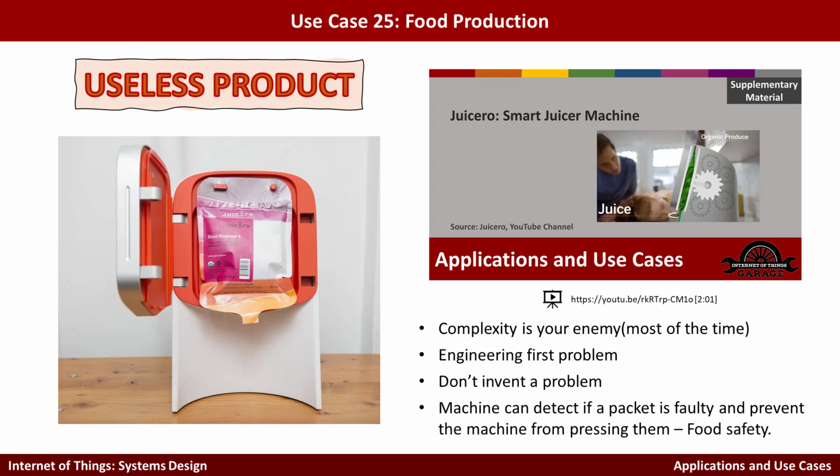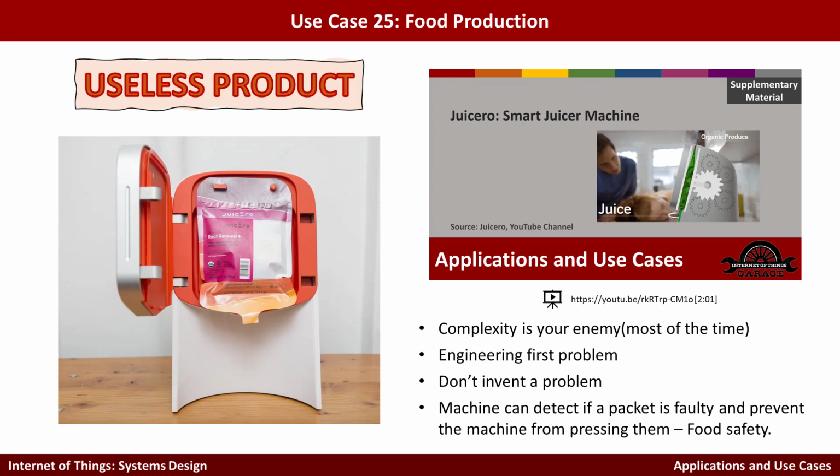So the machine became completely useless, even though it was developed with the intention of enabling people to drink fresh juice. The complexity is the enemy here. You will see in the video that they have put a lot of effort into engineering it.